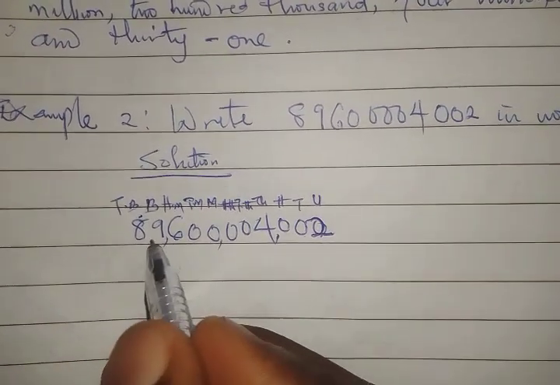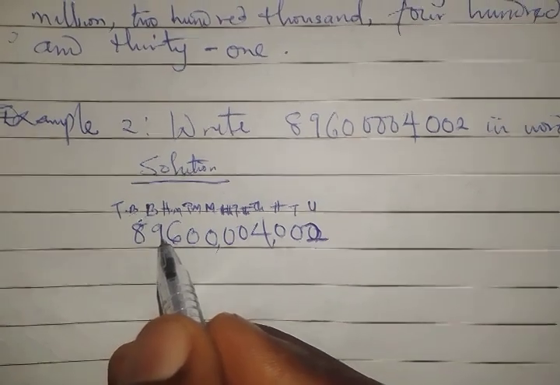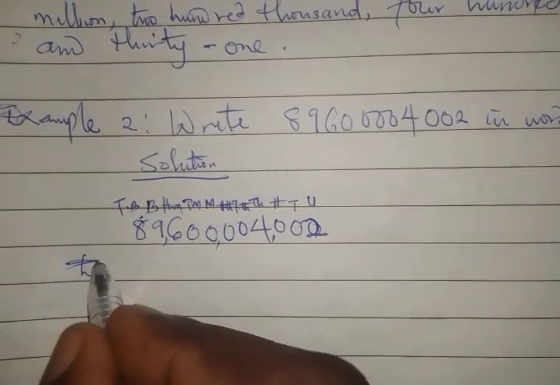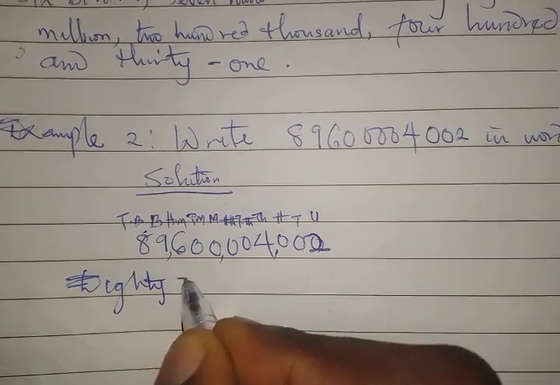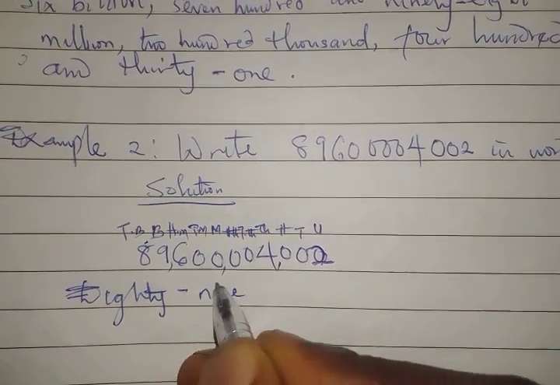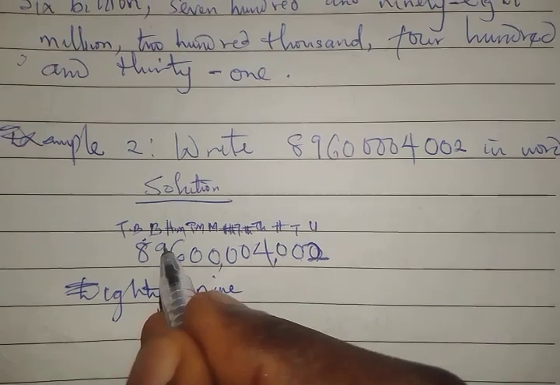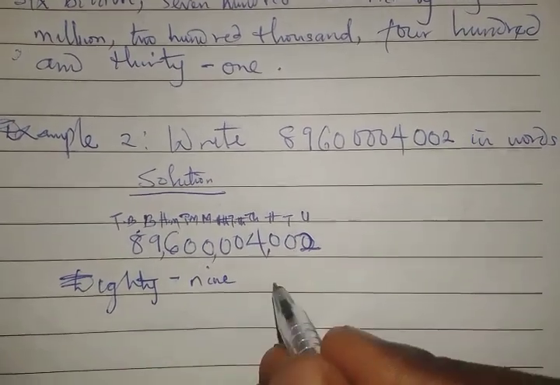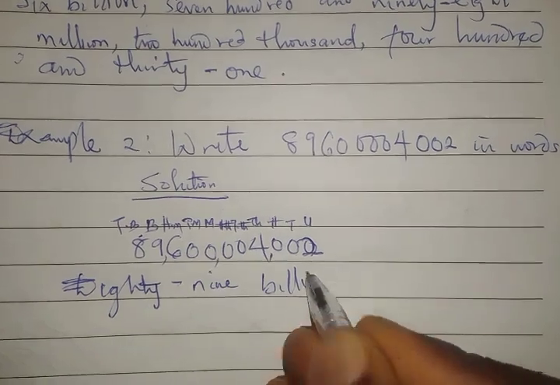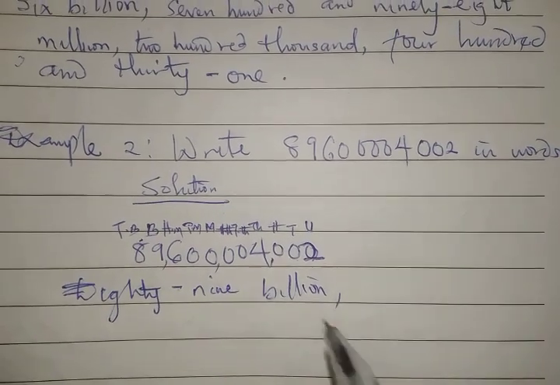So what do we have before the comma? 89. So you're going to spell 89 this way, eighty-nine. But what was above 9? The last number you called, B, and B stands for billion, so it will be 89 billion.